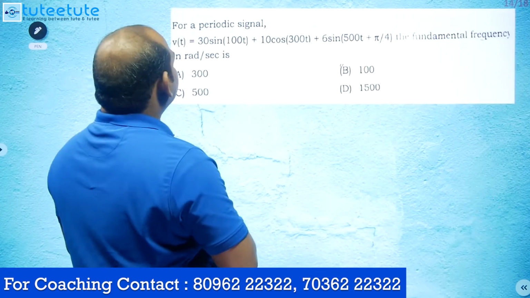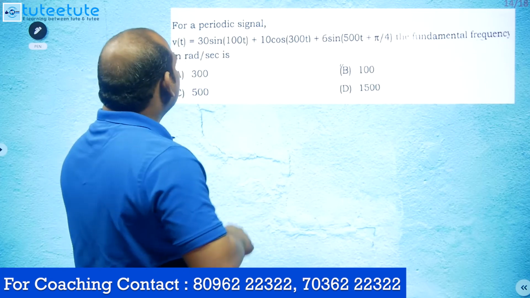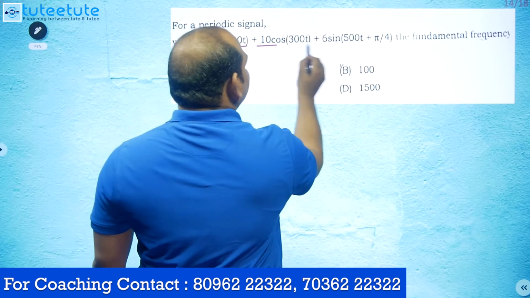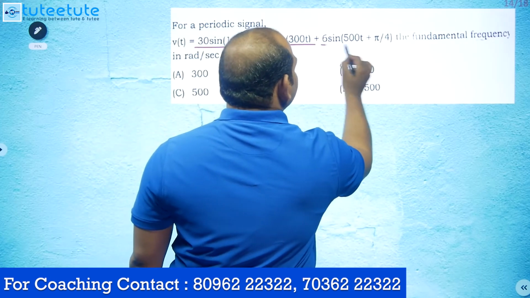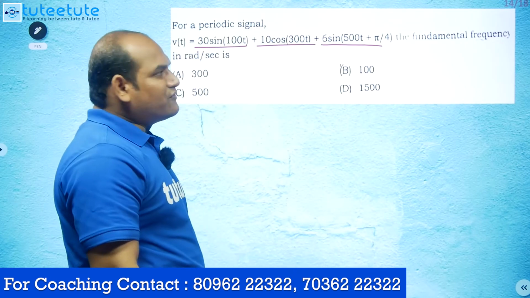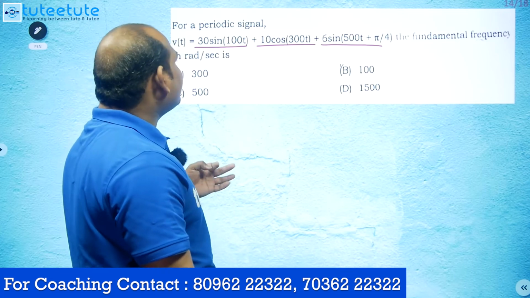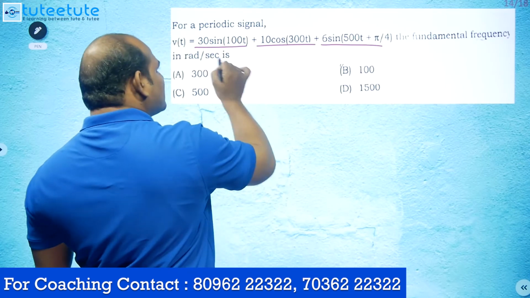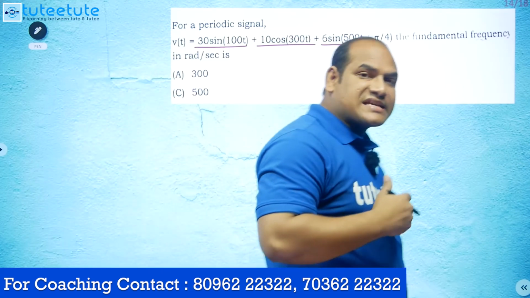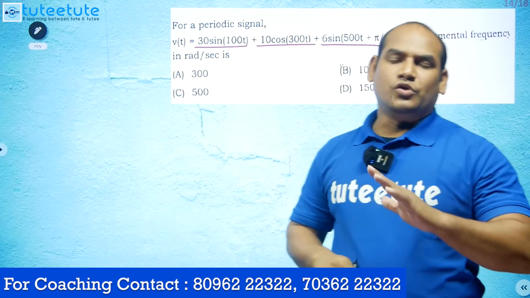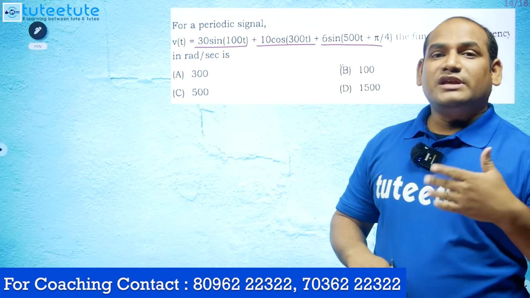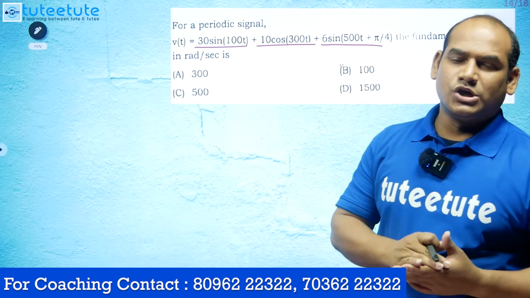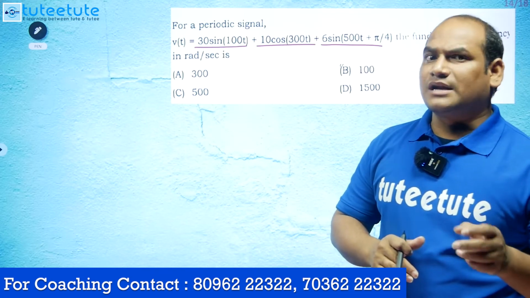Okay. Next, for a periodic signal, v of t is equal to 30 sine of 100t, 10 cos of 300t, and 6 sine of 500t plus pi by 4, find the fundamental frequency in radians per second. Okay. So generally we know that whatever sinusoids and cosinusoids are available in the Fourier series expansion, the frequencies of all the sine terms or all the cos terms should be integer multiples of the fundamental frequency.